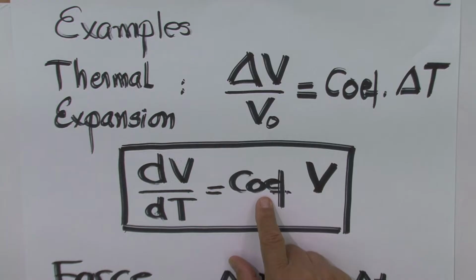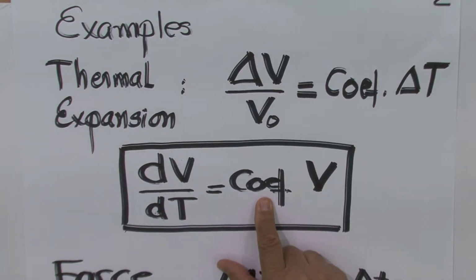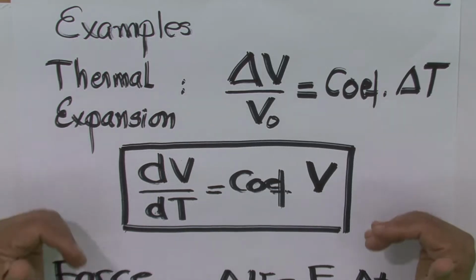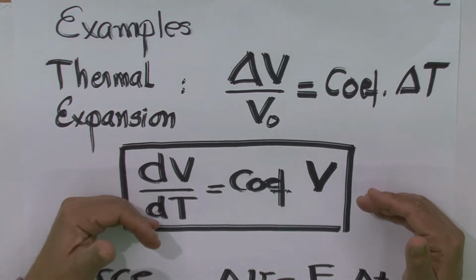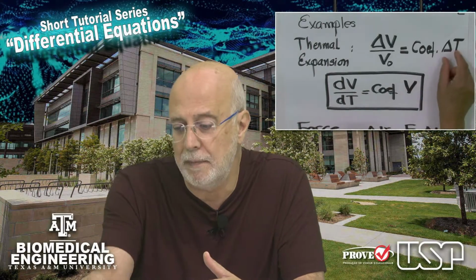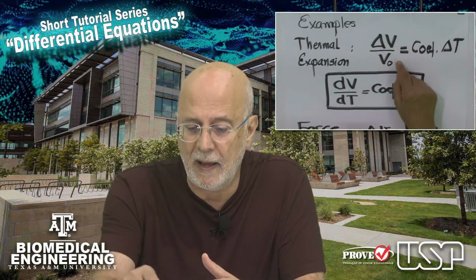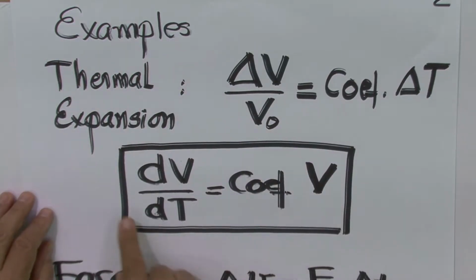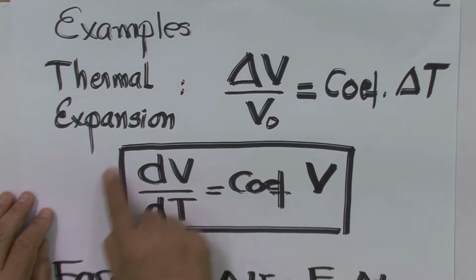Even if the coefficient is dependent on temperature, this will be an equation. And any variation of volume with temperature is related to the instantaneous volume, because we made this so small that the volume is the instantaneous volume for that moment. And then we can create an equation.